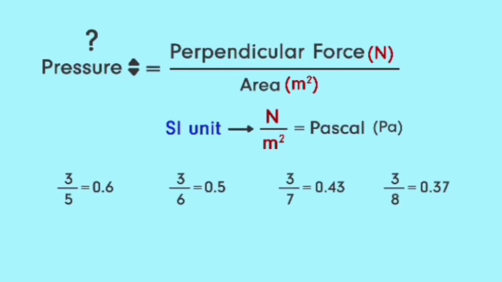Surely it will decrease. So the pressure will decrease if I increase the area by keeping the force constant. With this knowledge, let us go back to the example we saw earlier, the nail on the wall.